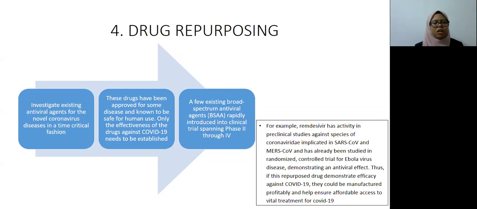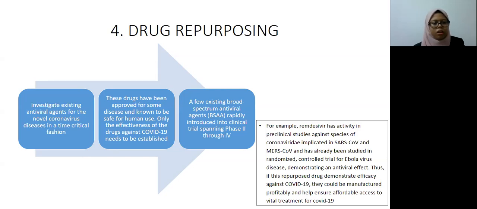The investigated drug has been approved for some disease, and it is safe for human use, and only the effectiveness against COVID-19 needs to be established. However, we still need to do clinical trials to ensure that such treatment is better than the placebo.